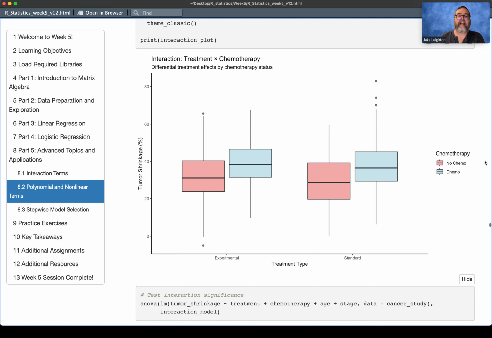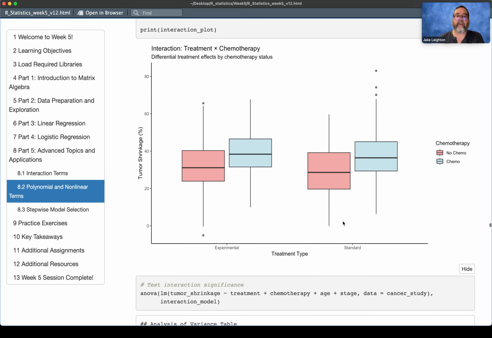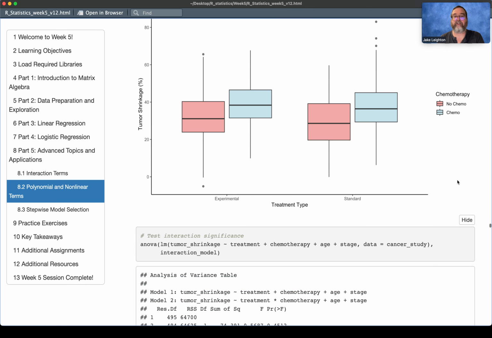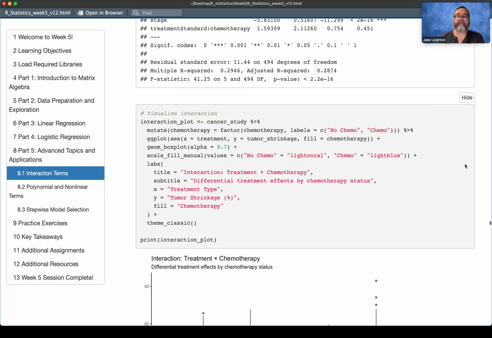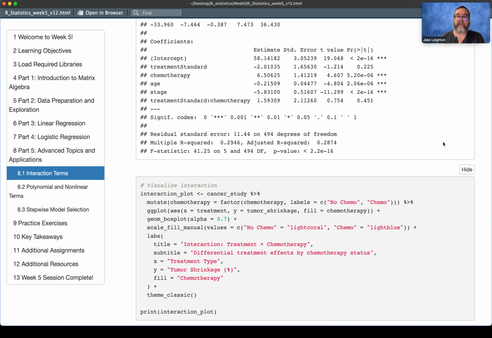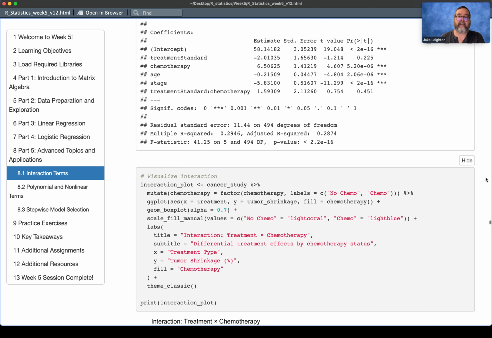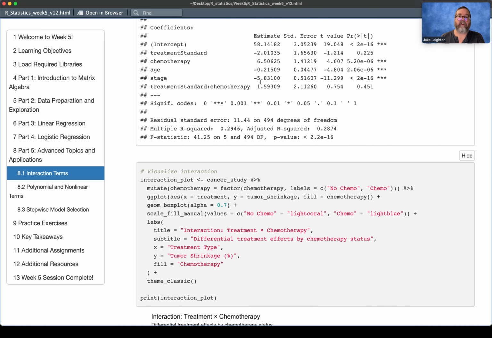And if you think about this generally in the plots, we can see that chemo is working for either of them, right? We're not really seeing an advantage to it in the standard treatment. I think that's what we can see here with the interaction. So there is some interaction between those things, but it's not necessarily significant.